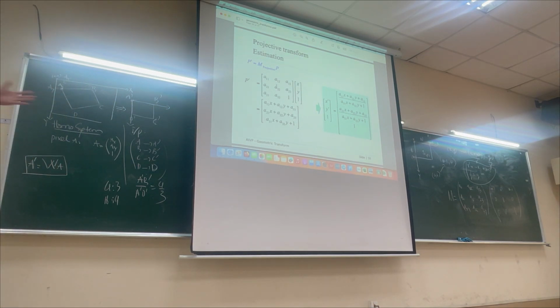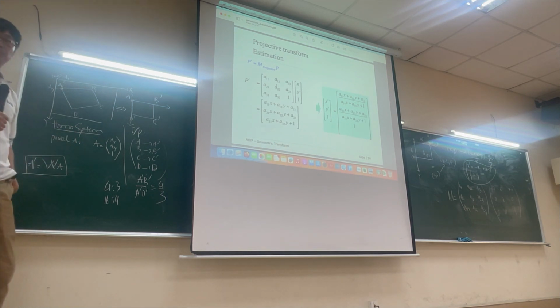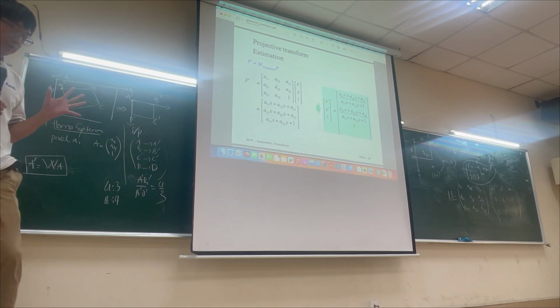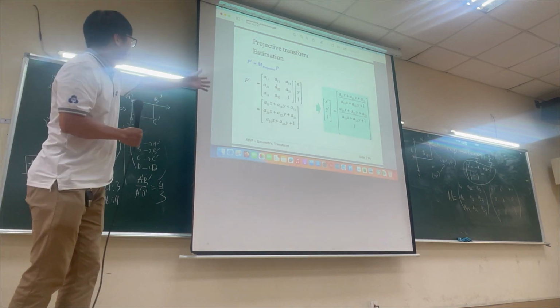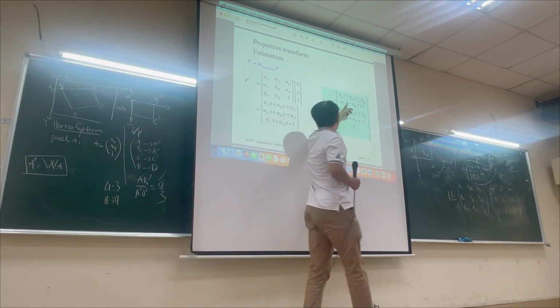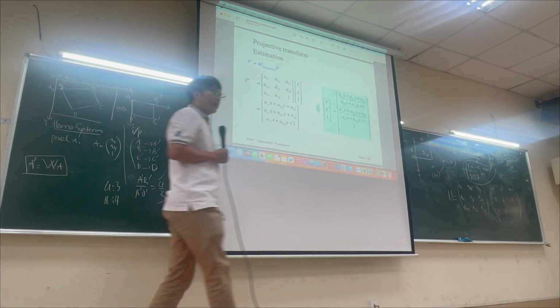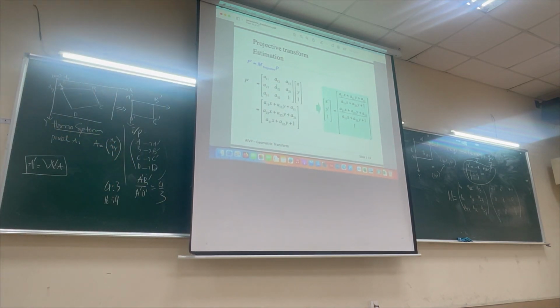So you give another input and the output, and the matrix is for me to find. How to derive the matrix? If I give you the coordinates of x, y and x prime, y prime, and x, y also, then you have to determine a_ij, the entries of the matrix.